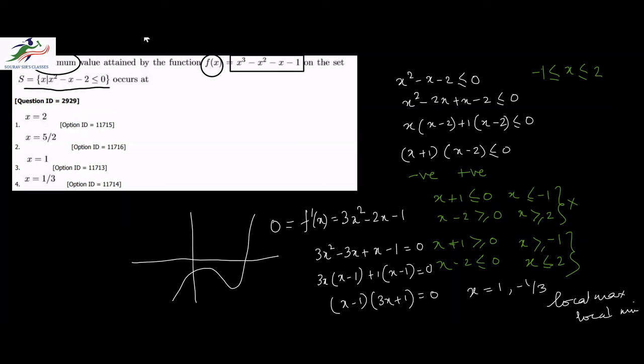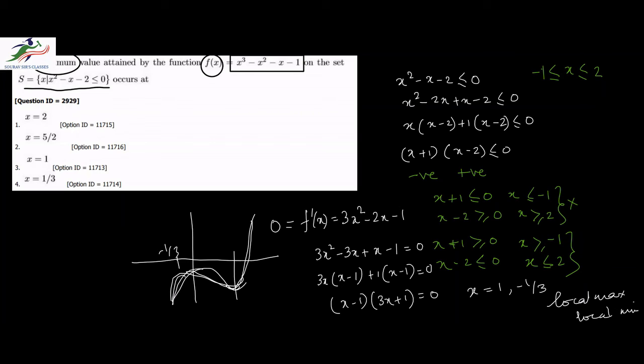So at x equal to 1, the curve will be like this, and at x equal to minus 1/3, the curve will be a little like this, not exactly like that. So x equal to minus 1/3 will be where the curve will be at a local maxima, and x equal to 1 is where the curve will be at a local minima. And after this, the curve will be increasing monotonously.